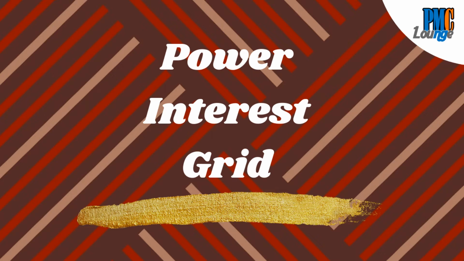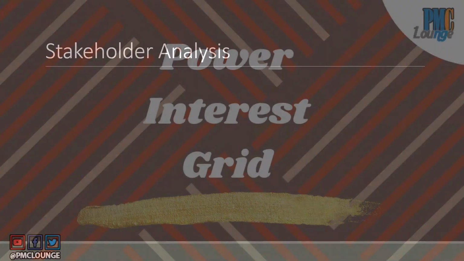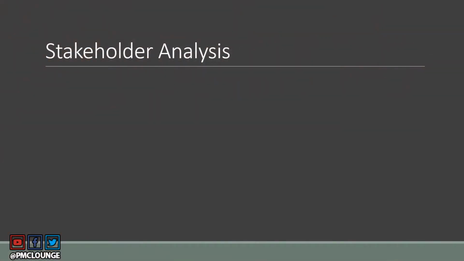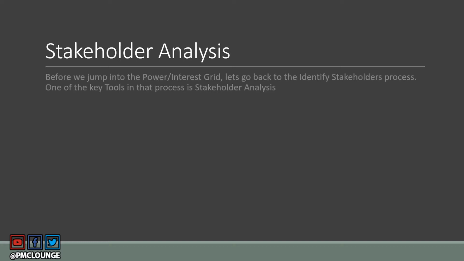For now, let's get started and understand the power interest grid. Before we jump to the power interest grid, let me talk a bit about stakeholder analysis. This is one of the key tools in the process known as identify stakeholders.